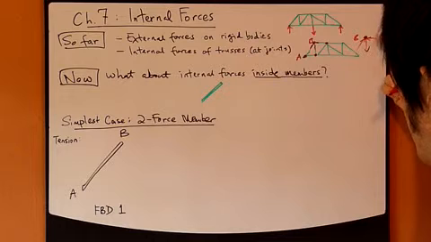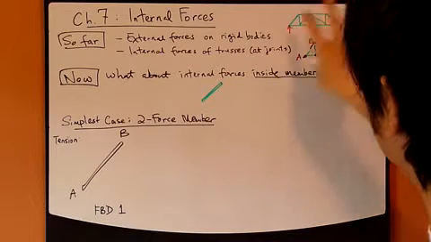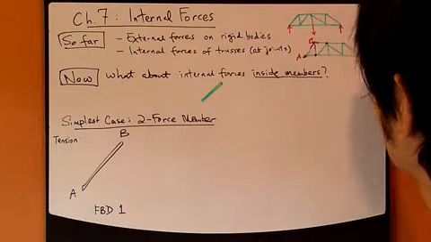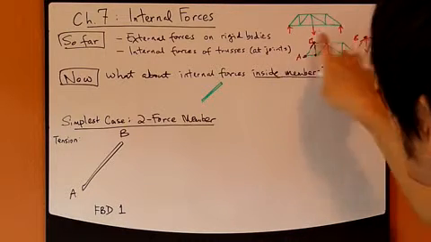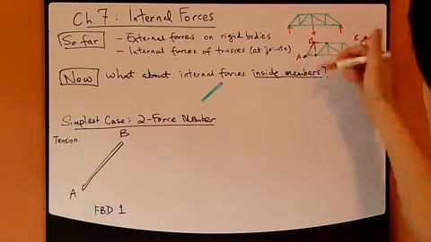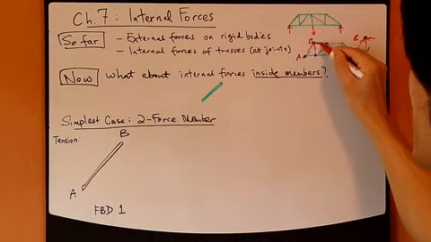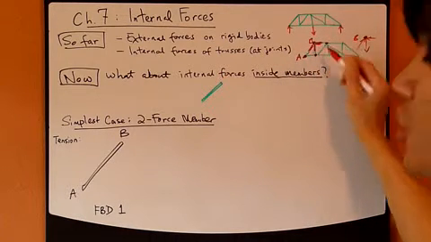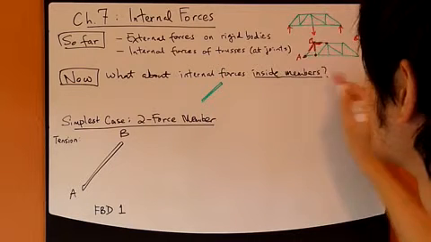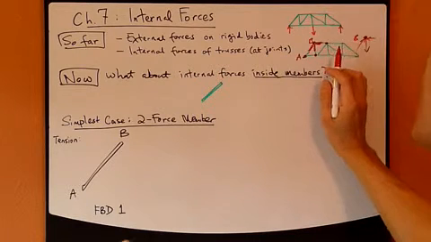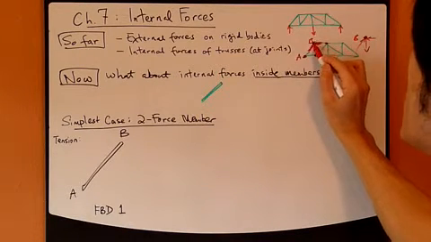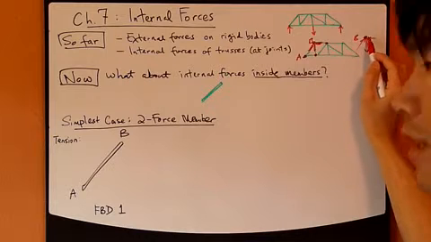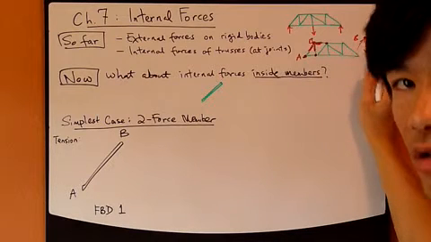When you look at these three forces on the truss itself, they are internal forces, internal to the entire truss. But if you isolate this joint B out here, that's the joint method.